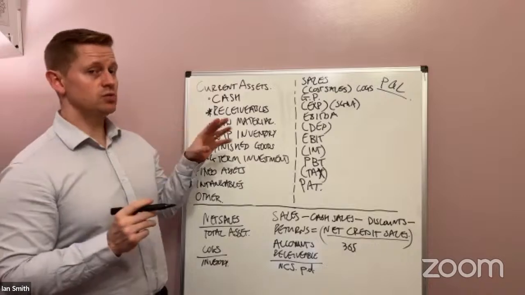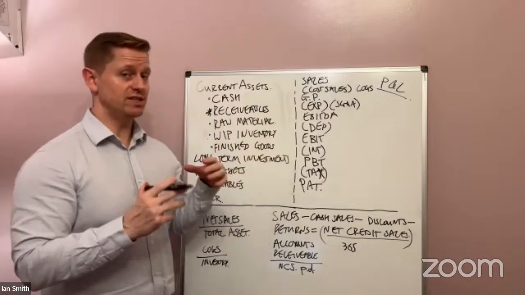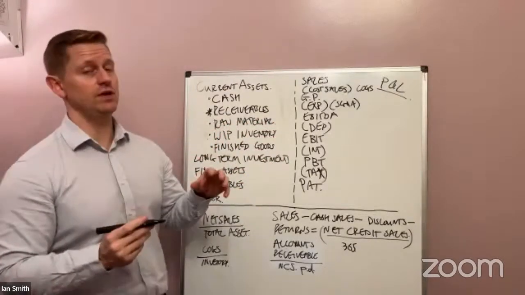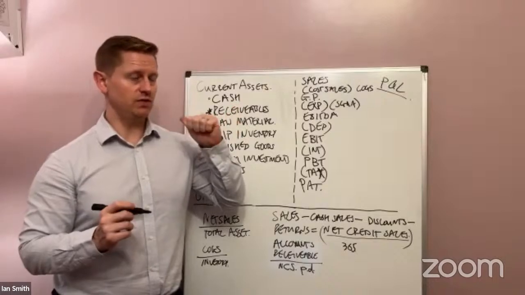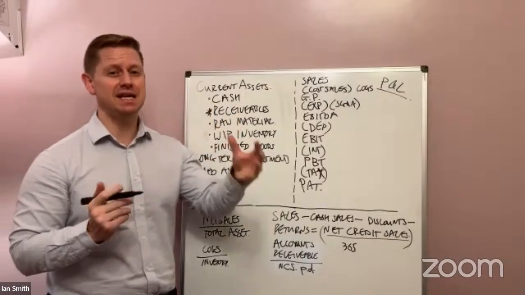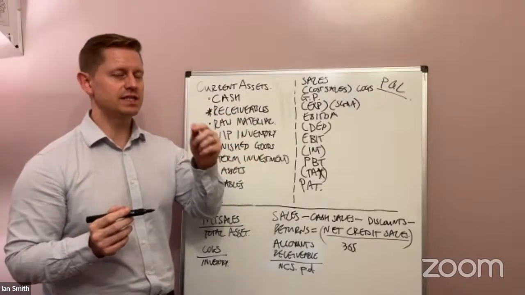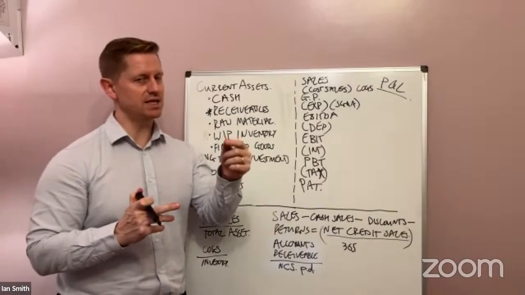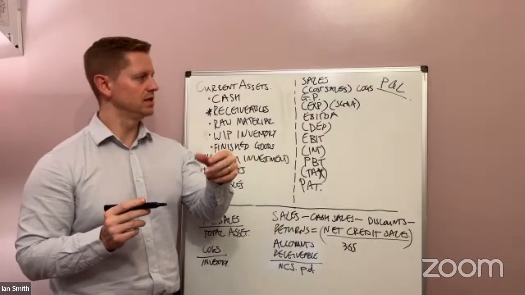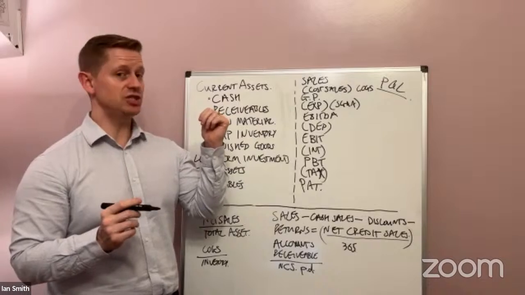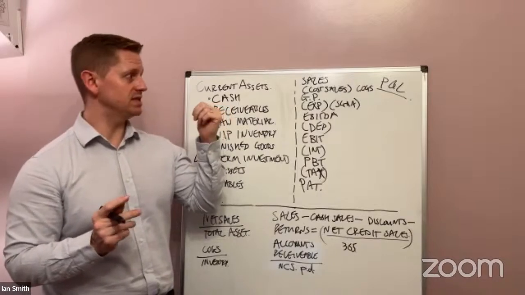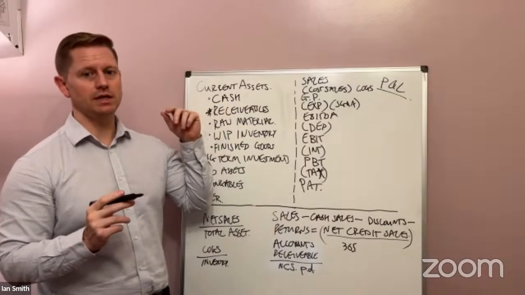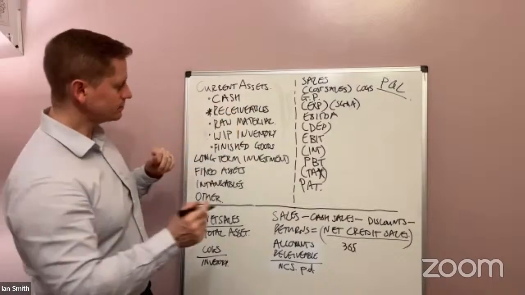Now, this is where a little bit more of the strategy and tactics come into play. If you're a builder, if you're a manufacturing business, if you're an asset-intensive, physical asset-intensive business, as to how you can optimize the asset management of those physical assets to give you a better balance sheet, but also give you a better fixed asset turnover.